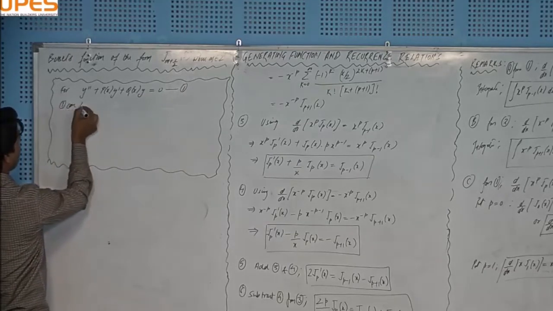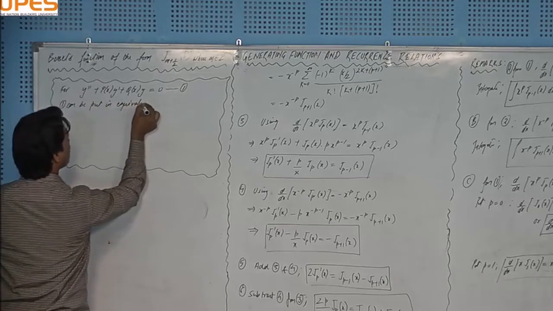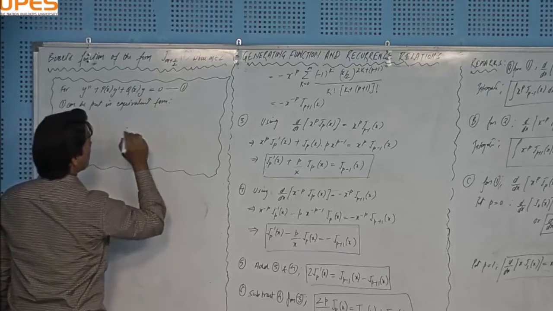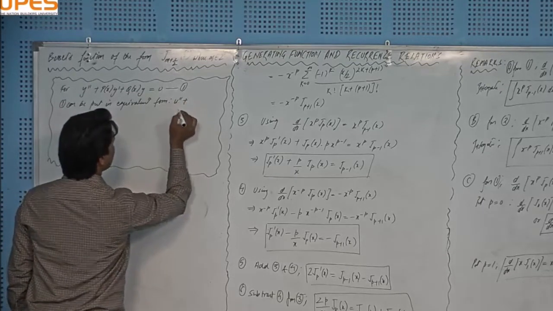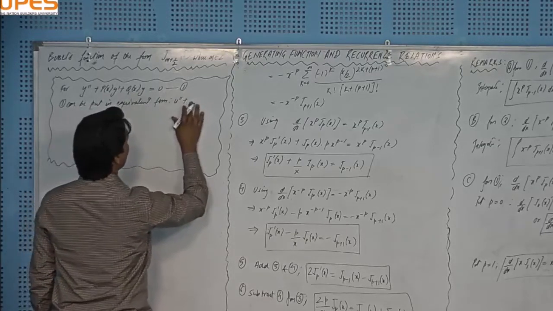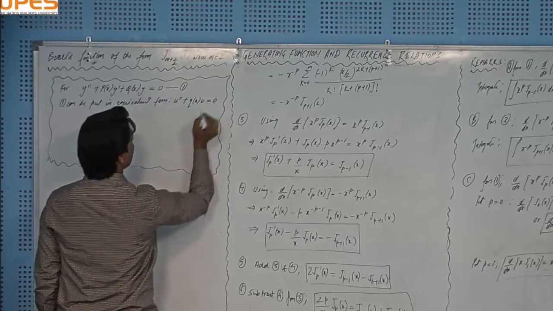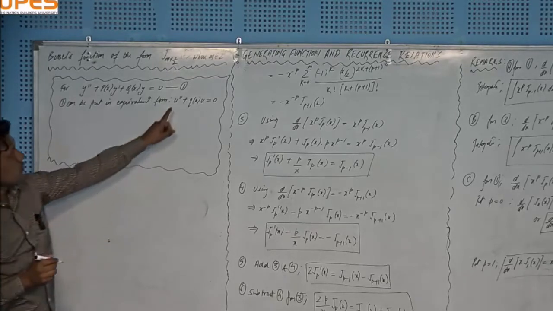One can be put in an equivalent form, and that equivalent form is like this. I should write it as u double dash plus small q(x) u equal to 0, right?